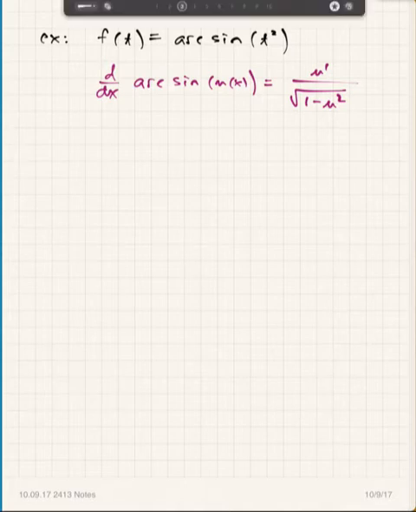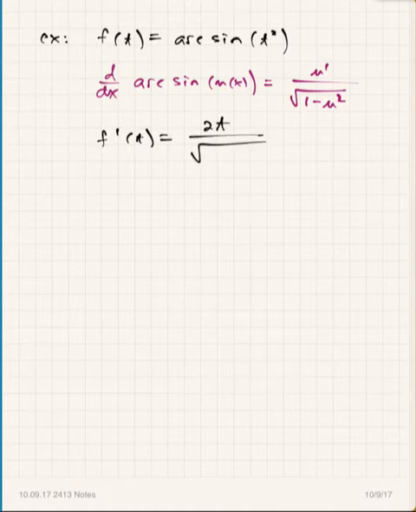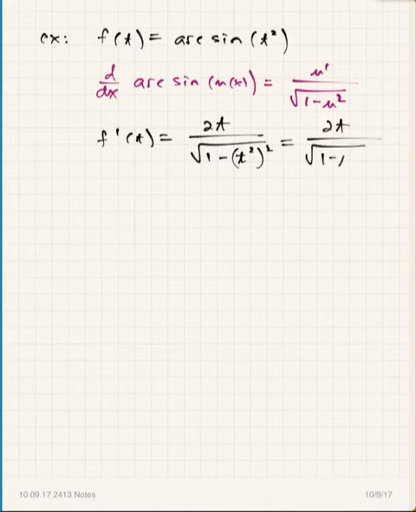So f prime of t in our problem would be u prime, so that would be 2t over the square root of 1 minus u squared. And so that'd be 2t over the square root of 1 minus t to the fourth. And that would be our derivative function right there.